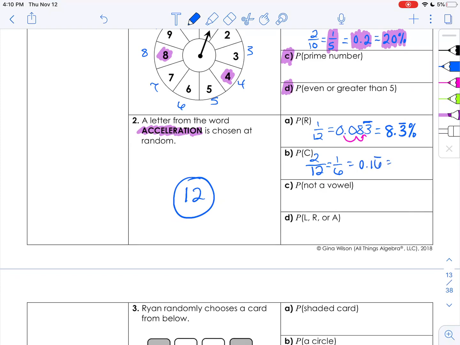And then to change that to a percent is 16.6 repeated percent.